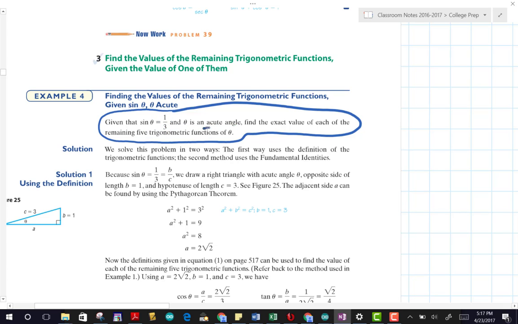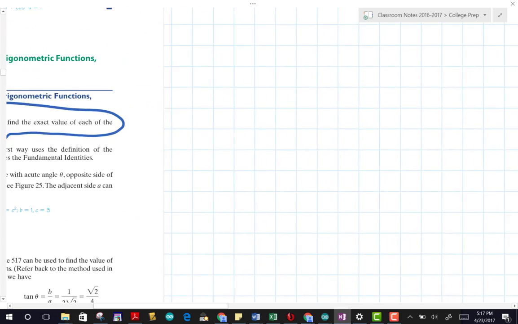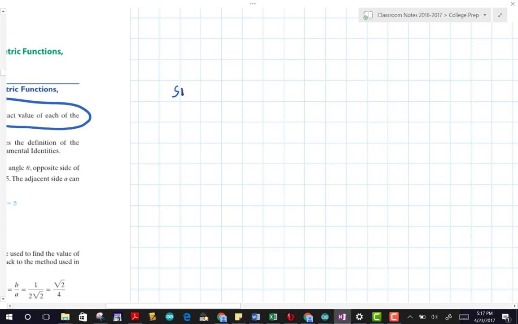Remember that sine is opposite over hypotenuse. So let's draw a triangle. If this is theta, then theta's opposite is going to be 1, and the hypotenuse is going to be 3.